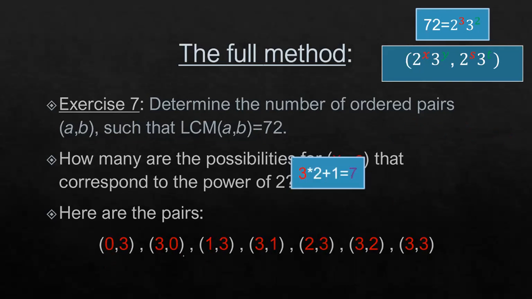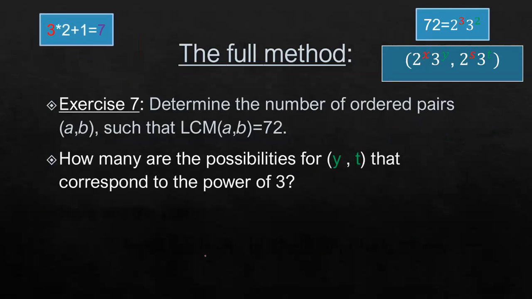All right, so that is what we have for the choices for 2. Now, what about the choices for 3? How many are the possible pairs for the exponent of 3 this time? 5, I see, Angelina, nice. Because we have 2 times 2, because now we have an exponent of 2 here. So we're going 2 times 2 plus 1, which is 5.